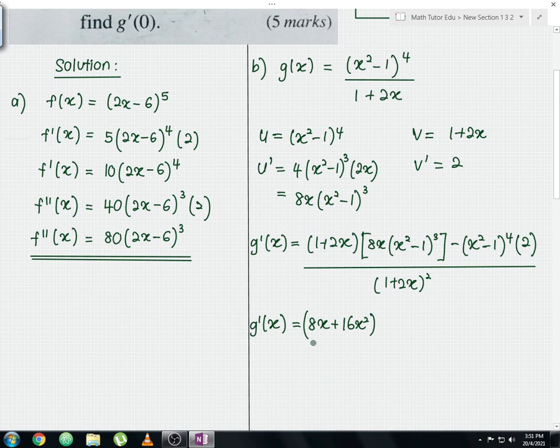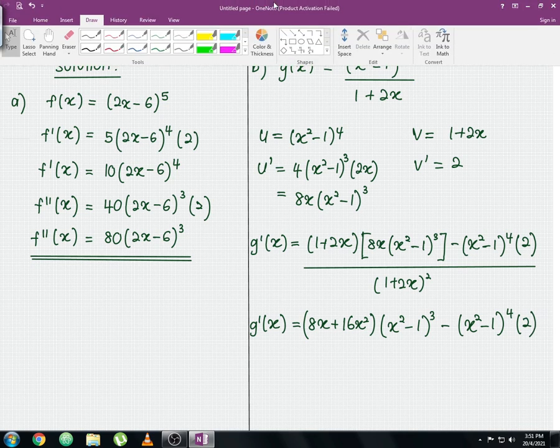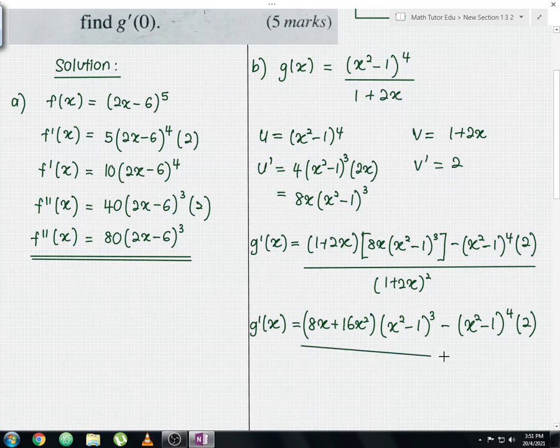Okay, and then in the bracket, x square minus 1 to the power of 3 minus with x square minus 1 to the power of 4 times with 2. Let me underline the fraction. Okay, and then you divide with 1 plus 2x square.